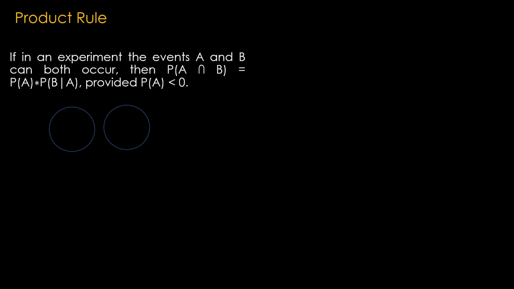We have the formula kanina that if we are to find the probability of B given A, that's equal to the probability of the intersection between A and B all over the probability of A. If you do cross multiplication, we have the probability of the intersection between A and B equal to the probability of A multiplied by the probability of B given A. So this is basically the definition of your product rule.